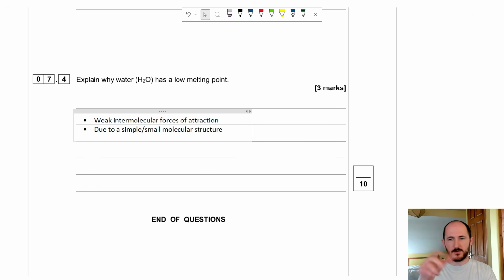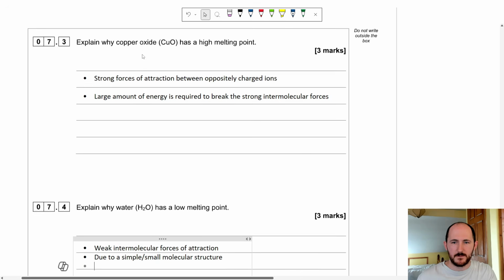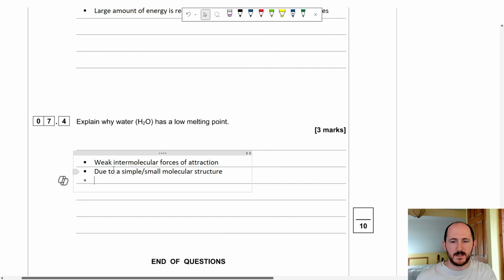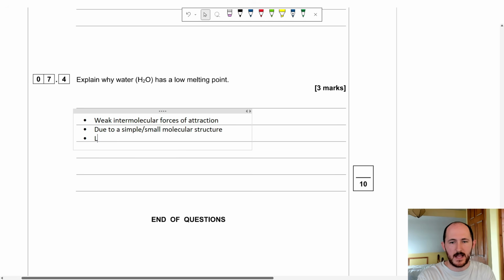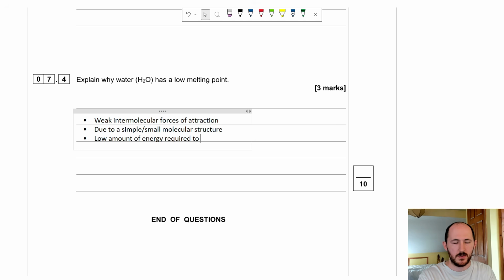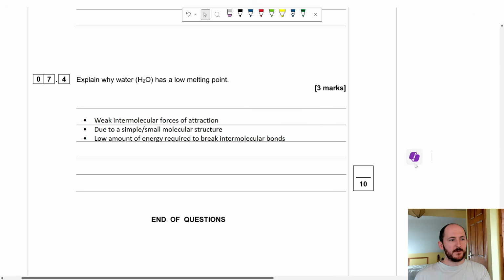It's just hydrogen and oxygen floating around separately. And what does this mean? Well, again, like I said, it's the opposite of this, right? So strong forces of attraction, we said weak forces of attraction, large amounts of energy, therefore, there's a low amount of energy required to overcome, to break the intermolecular bonds. And that's it. We're finally done.